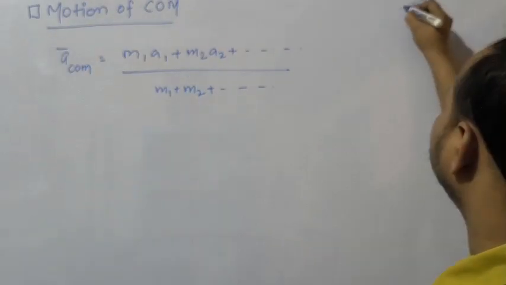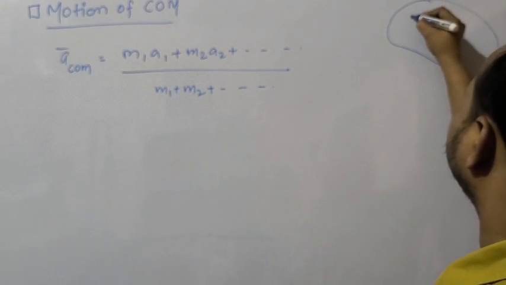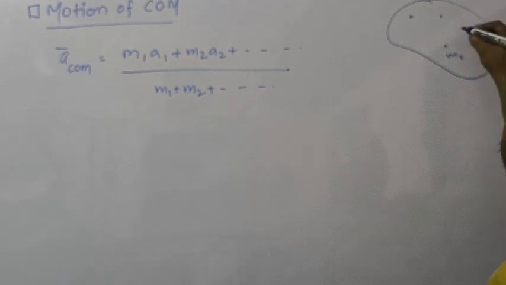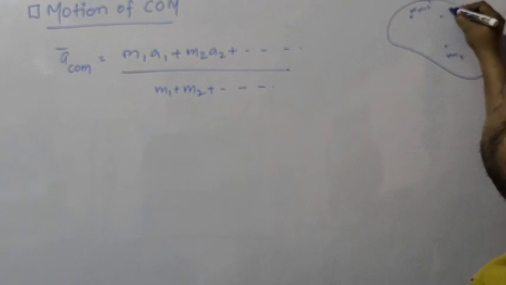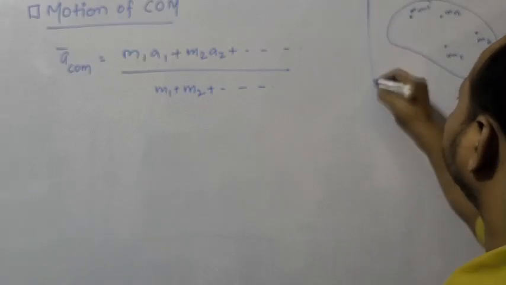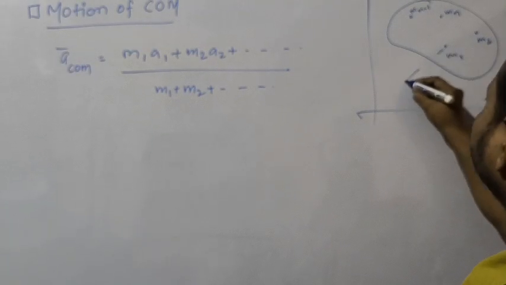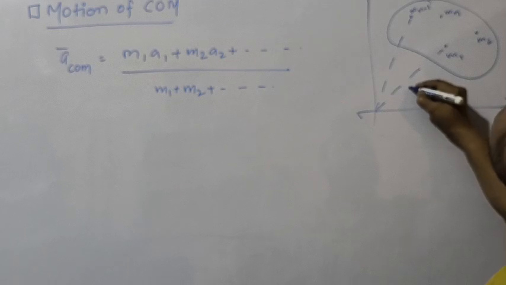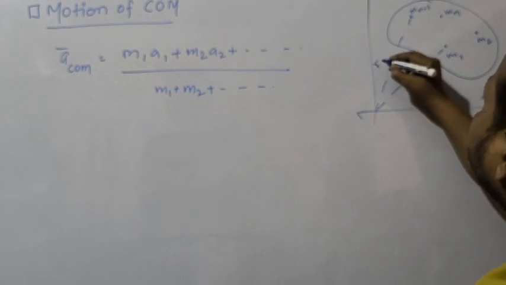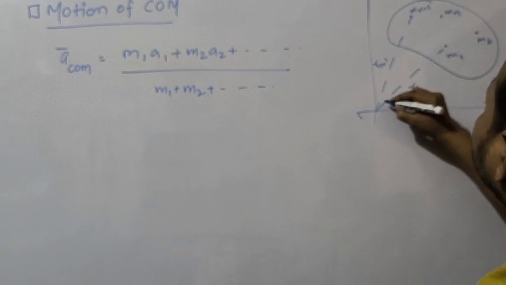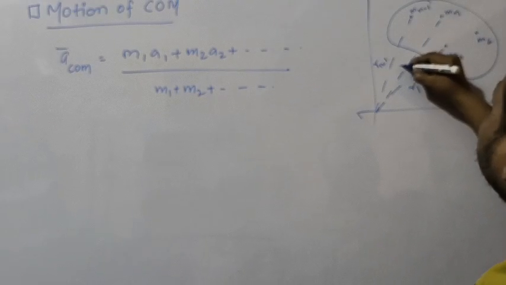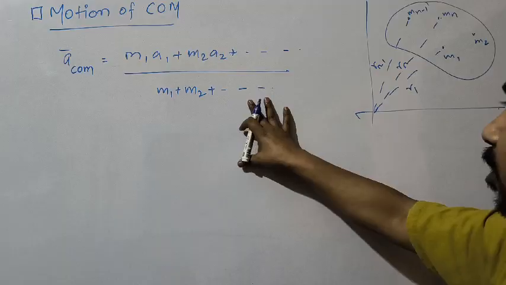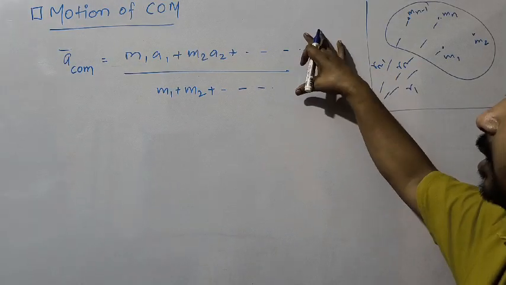If we assume a system of n number of discrete particles, let's say these are m1, m2, mn minus 1, mn, and their individual positions from the coordinate axis are r1, rn minus 1, and so on, rn. So we can write the acceleration of the center of mass of the system in this way.